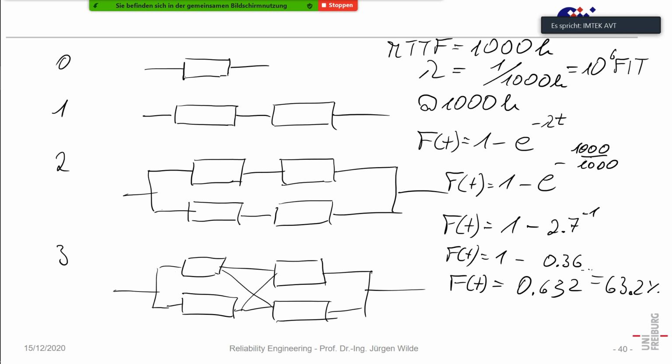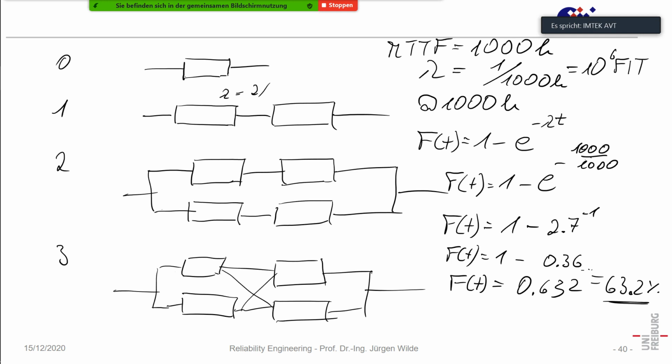Okay, so here you could say, what is the failure probability? Here it's 63.2%. In that case here, the lambda is twice that.